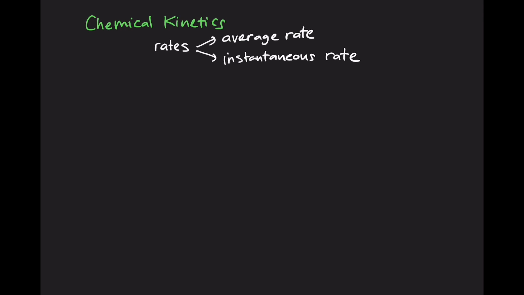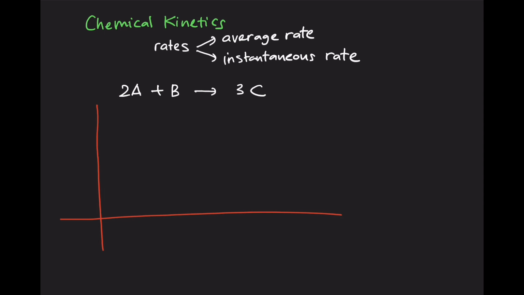Suppose we have a reaction of 2A plus B forming 3C. If we draw a plot of time, or reaction time, for the x-axis and the amount of substance as the y-axis, for the reactants, it's going to go from a certain amount going down until it reaches a plateau.